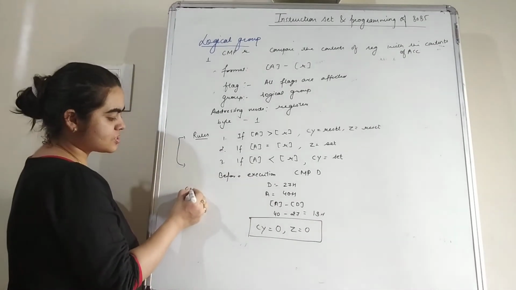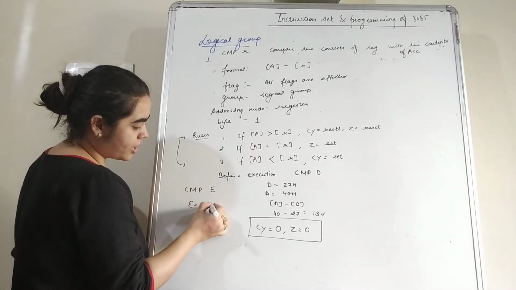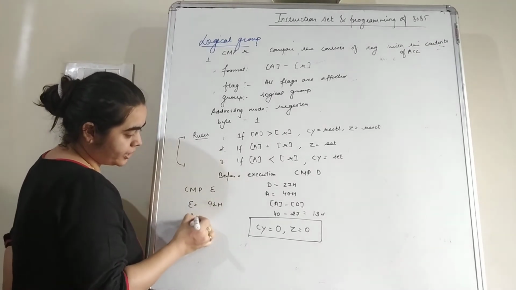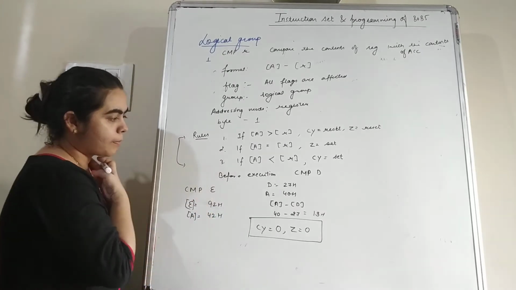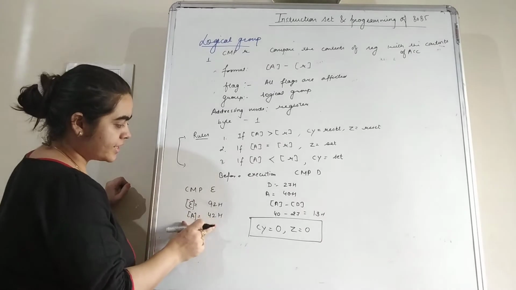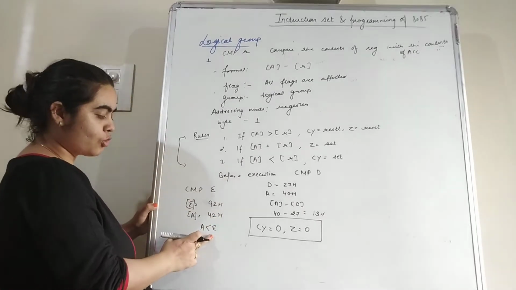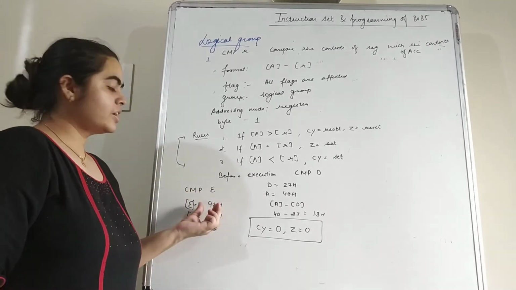Suppose we have instruction that is CMP E, and in E we have 92H value, in A we have 42H value. So when we apply this instruction according to these contents, then here the value of accumulator is less than the value of E, because in accumulator we have 42H and in E we have 92H.